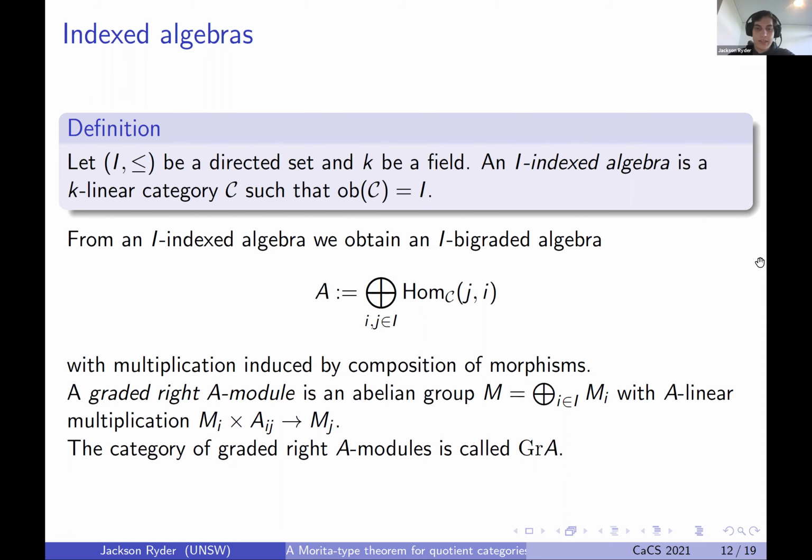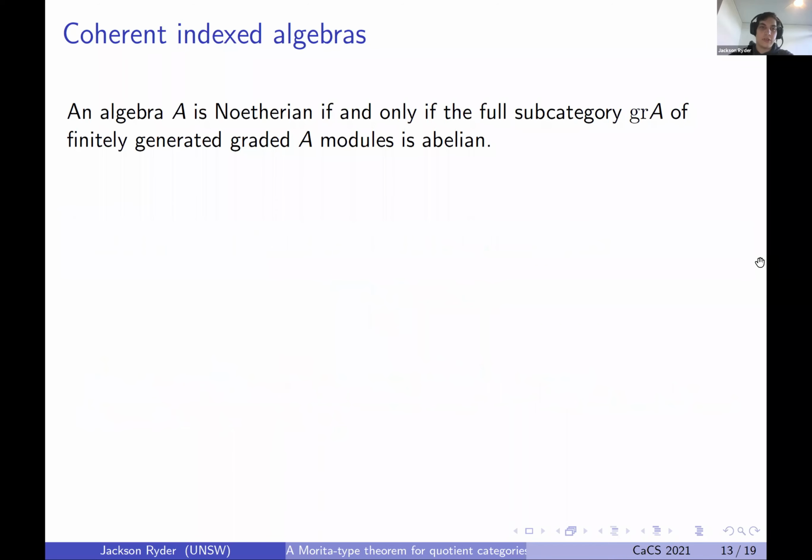Lastly, we want to work with some finiteness conditions on these algebras. As I mentioned earlier, the finitely generated modules over a Noetherian ring or a Noetherian algebra form an abelian category, but in fact, these two conditions are equivalent.